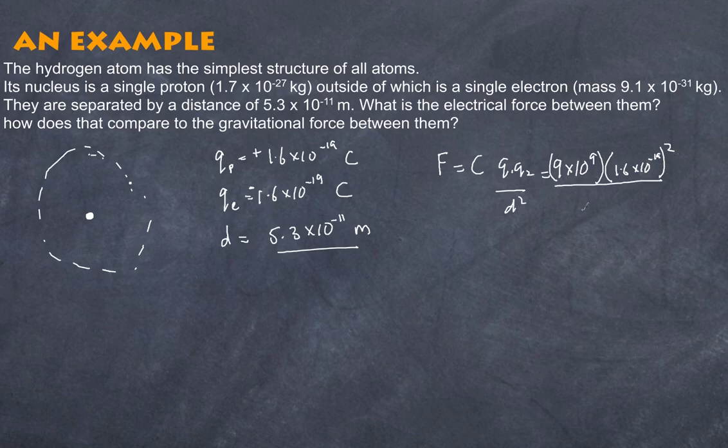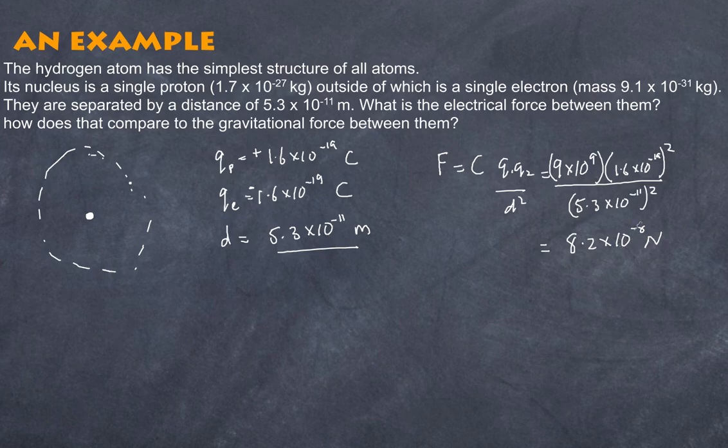Then over the distance between them, which is 5.3 by 10 to the power of negative 11, and we have to square that. When you calculate all that out, you get a value of 8.2 by 10 to the power of negative 8 newtons.